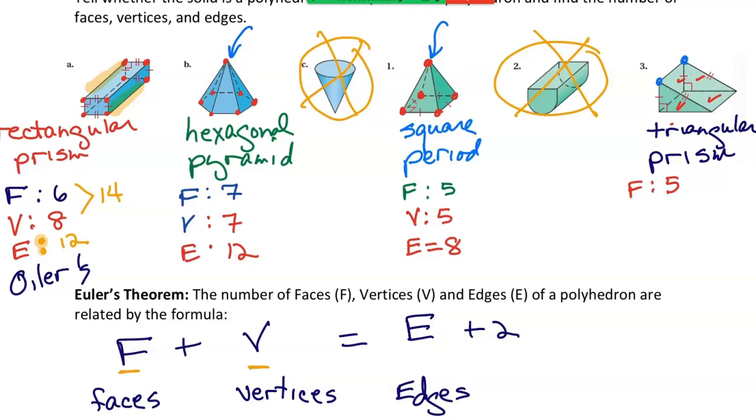So 1, 2, 3, 4, 5, 6 vertices. And if I know 5 and 6 is 11, Euler's theorem tells me 11 equals E plus 2, so that would make E equal to 9.